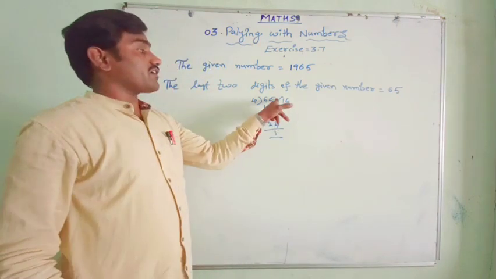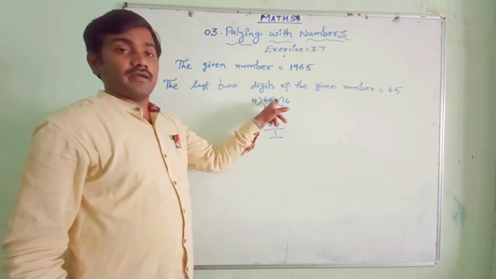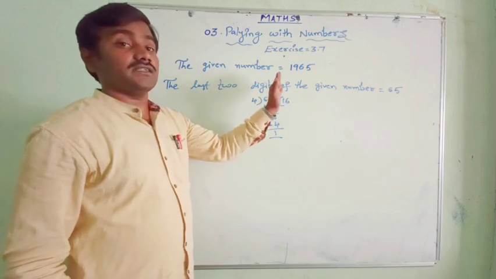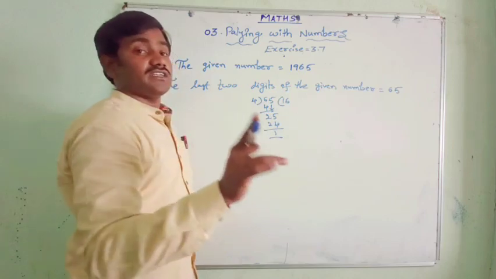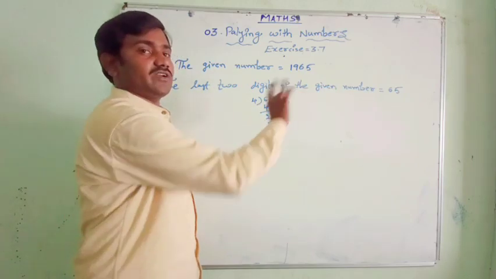If you subtract this 1 from 65, then it is exactly divisible by 4. If you subtract this 1 from 65, you will get 64. The 64 is divisible by 4.